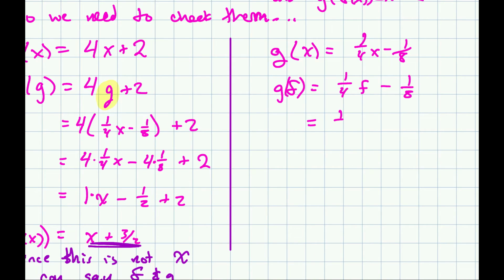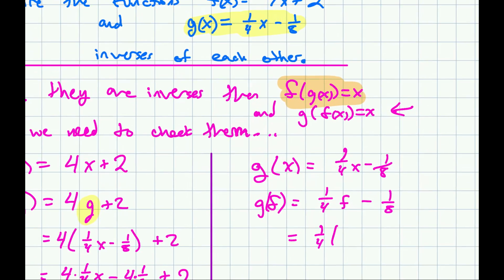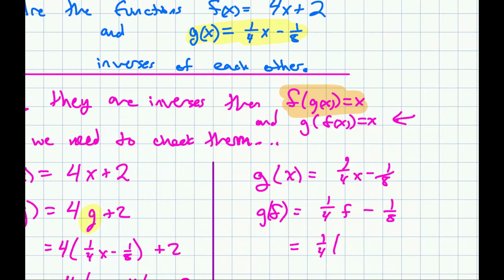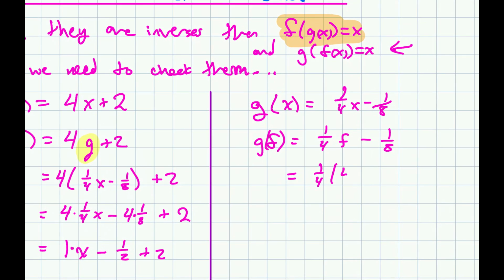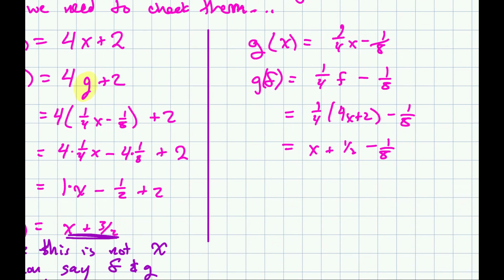And if you fill in what f is, 4x plus 2, you get 1/4 of 4x plus 2, minus 1/8. You end up with x plus a half minus 1/8. And it doesn't matter what this is. The point is that it's not x, right?